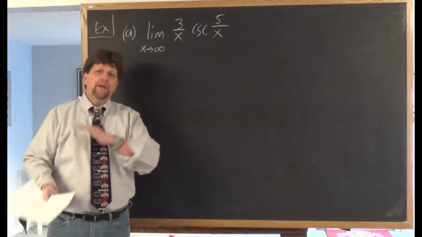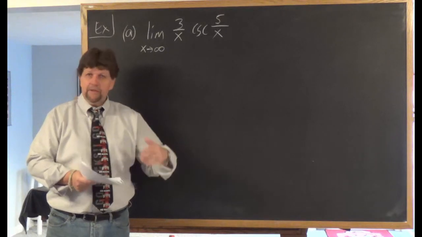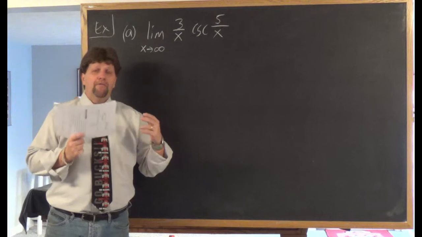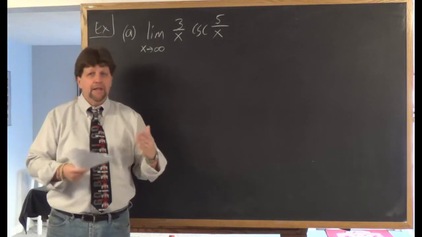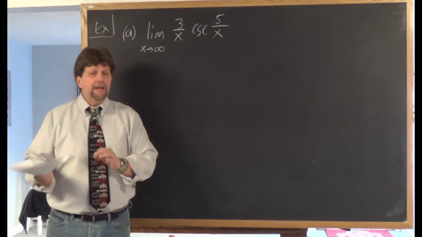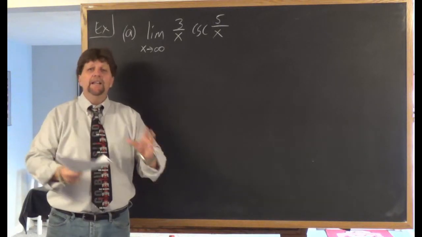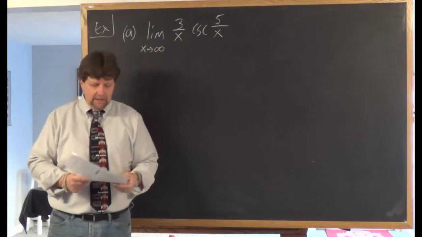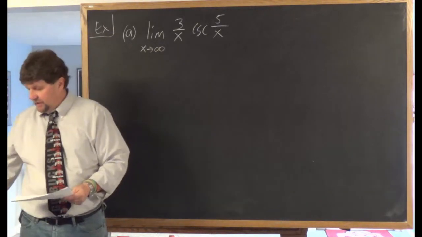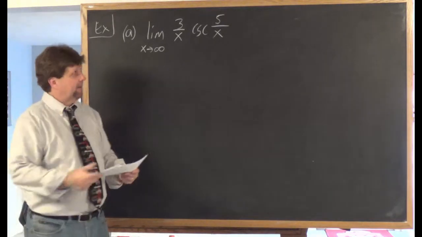So if we encounter one of these off-brand indeterminate forms, the 0 times infinity or infinity minus infinity, our first task is to manipulate things around to get it into the 0 over 0 or infinity over infinity form. We have to get it into a form where we can take it off to the hospital. And I think this example here is going to show us exactly what we're talking about.